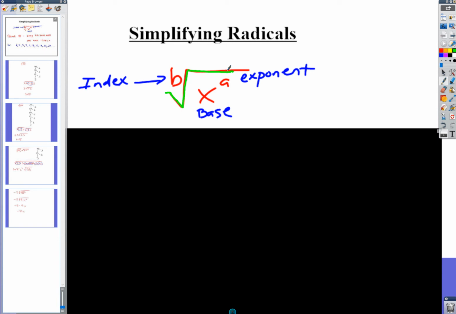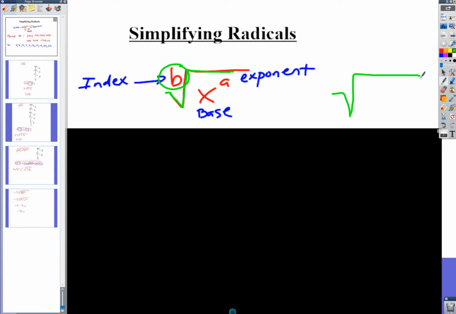The operation that a radical does depends on what number is located in this location here, called the index. Like for Mr. Romero, I've never seen a number there before in my life. I've seen a square root, but I've never seen a number located there. Well, there is. You just don't see it. On a square root, that's the main thing you guys have to worry about.